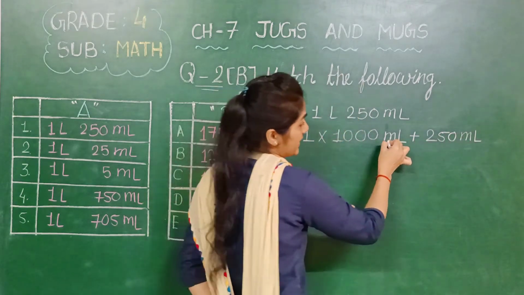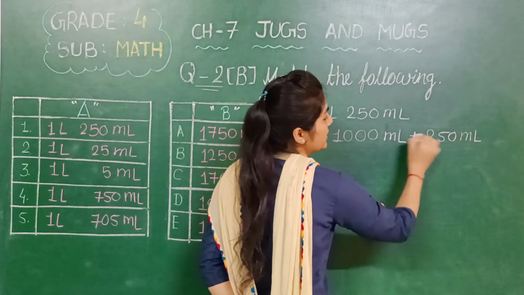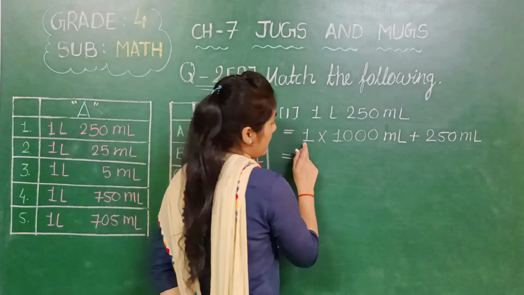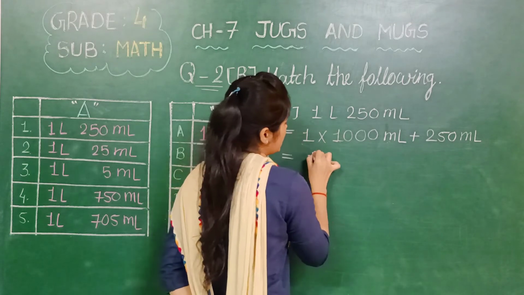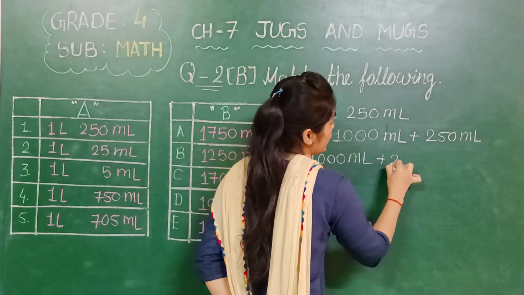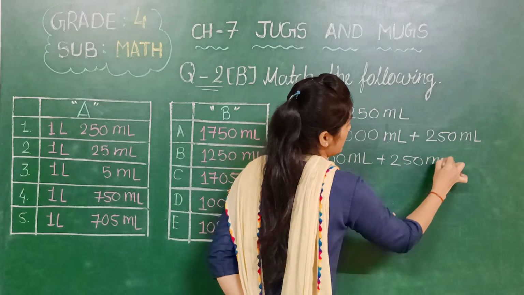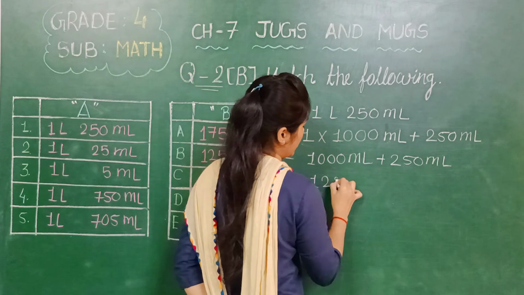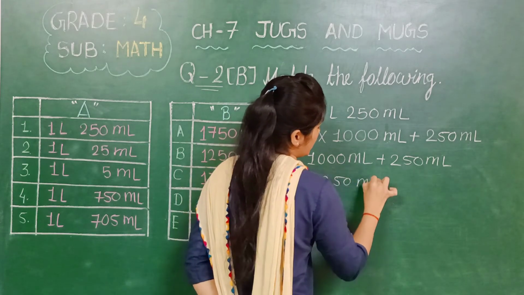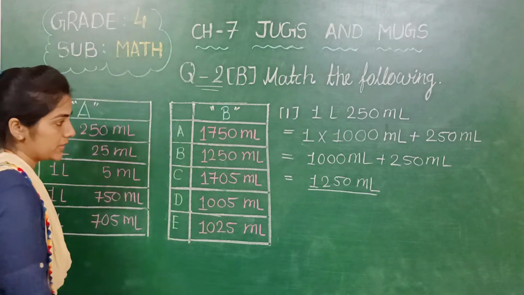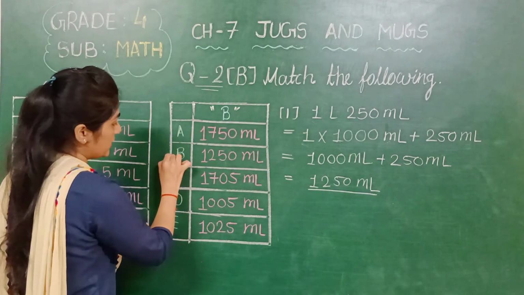Now as I taught you, both the units are the same, so we can do the addition sum easily. 1000 multiplied by 1 is 1000 ml plus 250 ml. So the addition of this is 1250 ml.